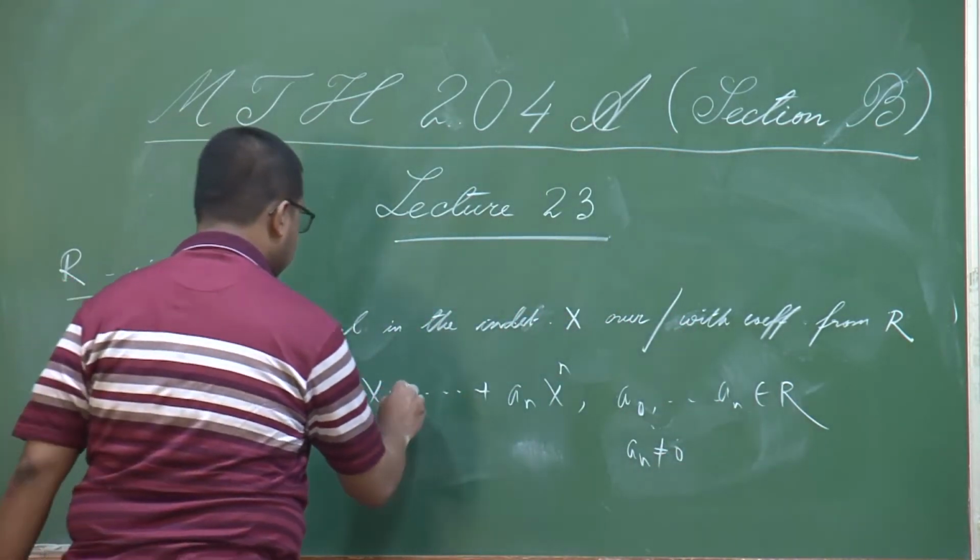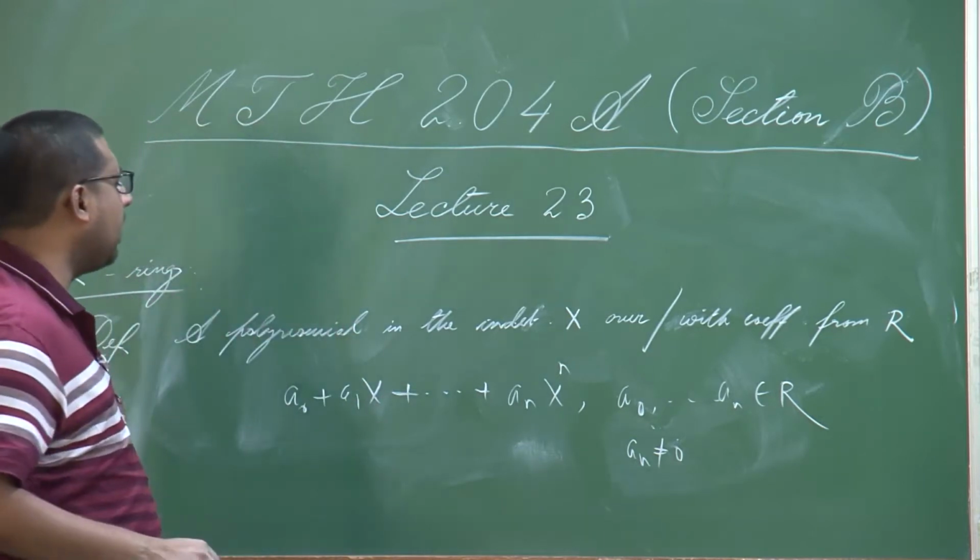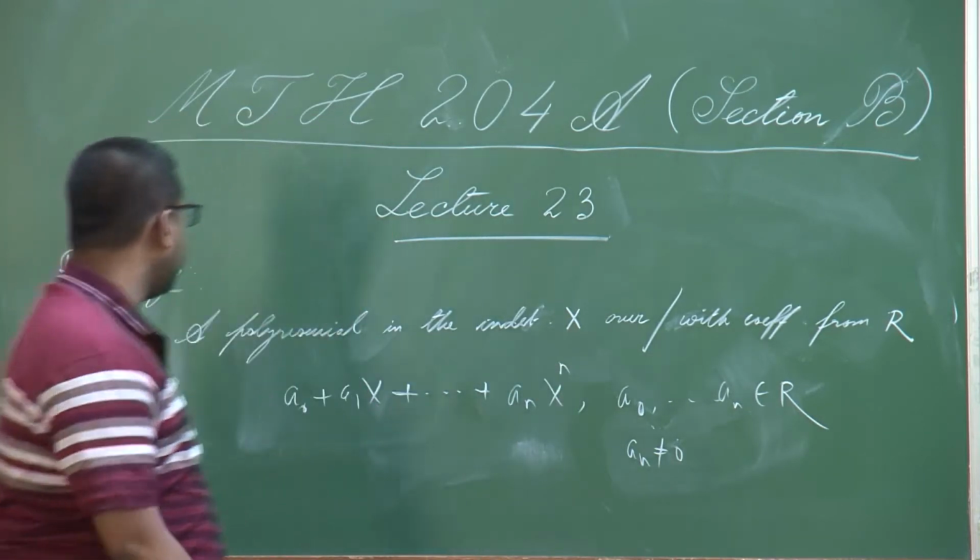So, this is what we mean by a polynomial over R in this indeterminate x.